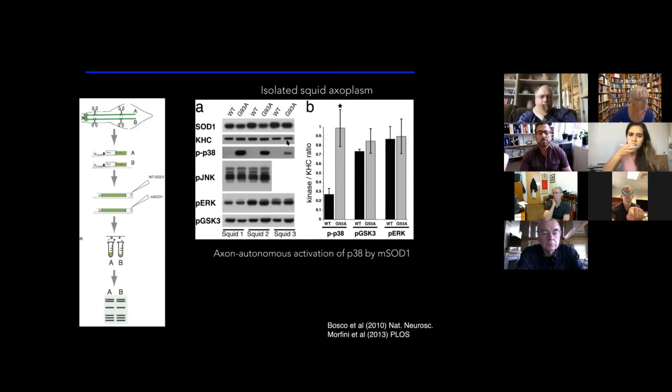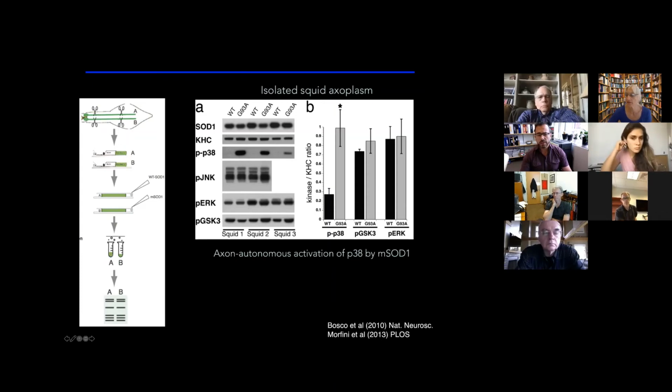Many kinases that we looked at don't seem to change between axon 1 and axon 2, ERK, GSK3. But when we blotted with phospho-P38, we observed a dramatic increase in the activation of P38 in those axons that were exposed to the mutant protein compared to the sister axon that was perfused with a wild-type protein.